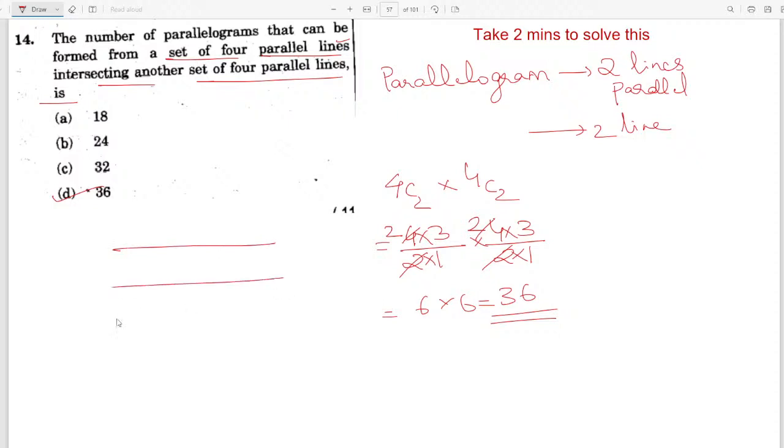These are 4 parallel lines, and these are 4 more parallel lines.